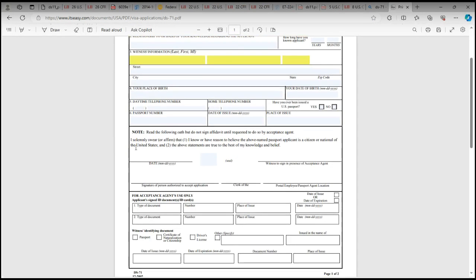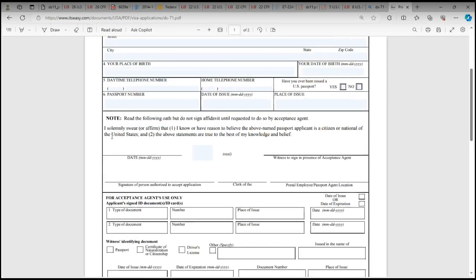The only thing it says is, I solemnly swear or affirm that 1, I know and have reason to believe the above named person, meaning you, the above named passport applicant, is a citizen or a national of the United States. And 2, the above statements are true. That's literally all they're asking for. Even this is all you would be writing in an affidavit if you have a witness that's going to make their own anyway.